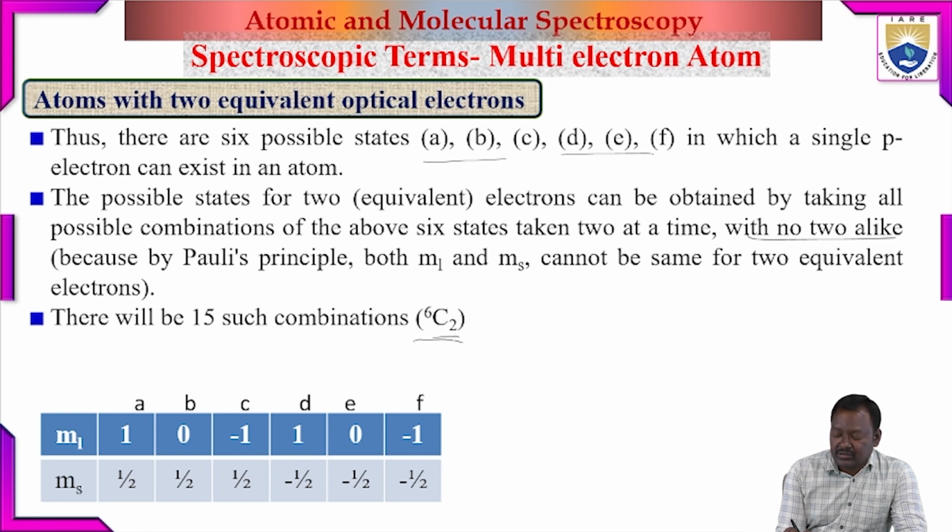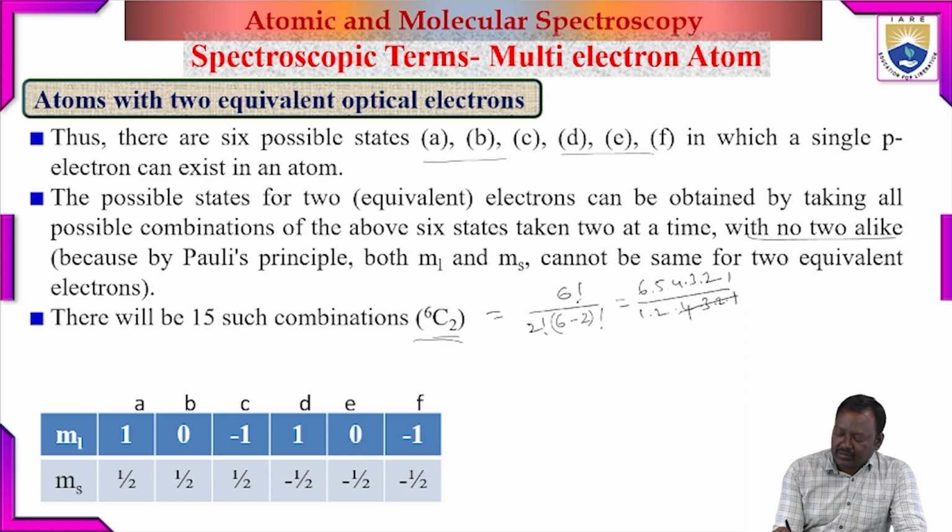So 6C2 means 6 factorial by 2 factorial into 6 minus 2 factorial. That means 6 into 5 into 4 into 3 into 2 into 1, over 2 into 1 and 4 factorial, which is 4 into 3 into 2 into 1.